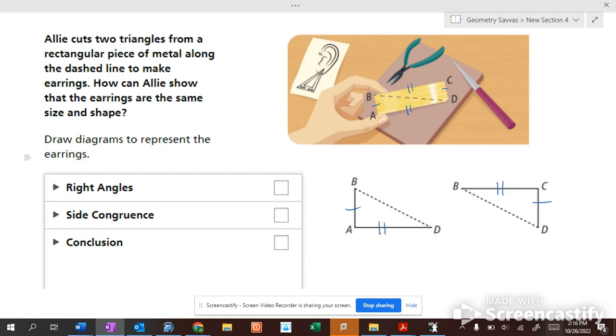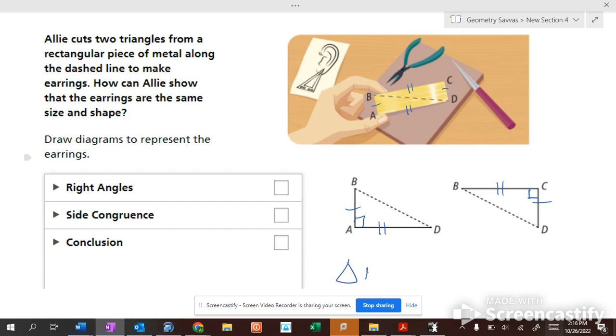Now, rectangles also have what as their corners? Right angles. So that's a right angle, that's a right angle. Are these two triangles congruent now? Yes, by side, angle, side, because I know two sides and the included angle of this are congruent to two sides and the included angle of this.